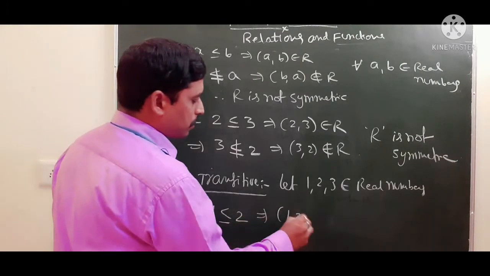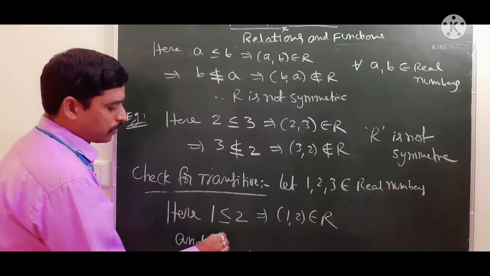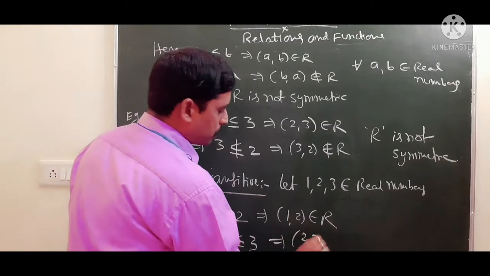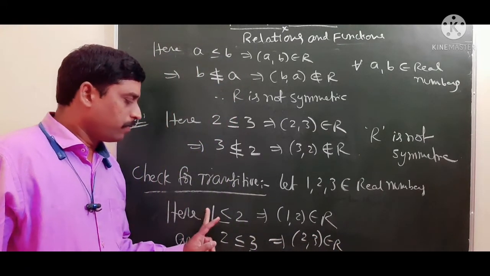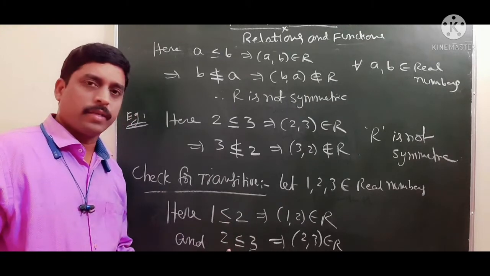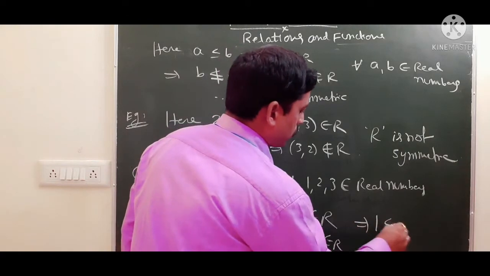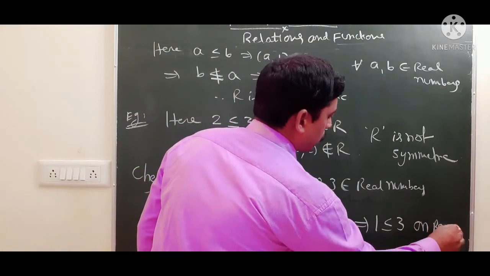Therefore (1, 2) belongs to R. And 2 less than or equal to 3. Therefore (2, 3) belongs to R. Let us observe these two conditions, 1 less than or equal to 3. That implies 1 less than or equal to 3 on real numbers.